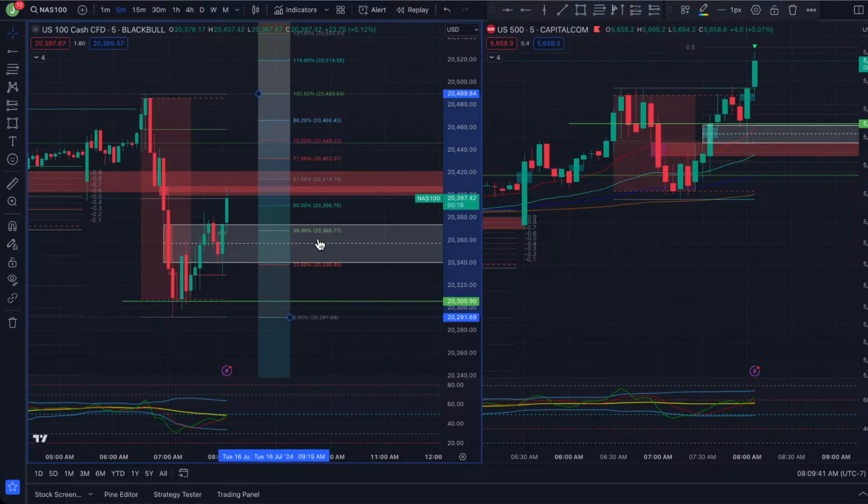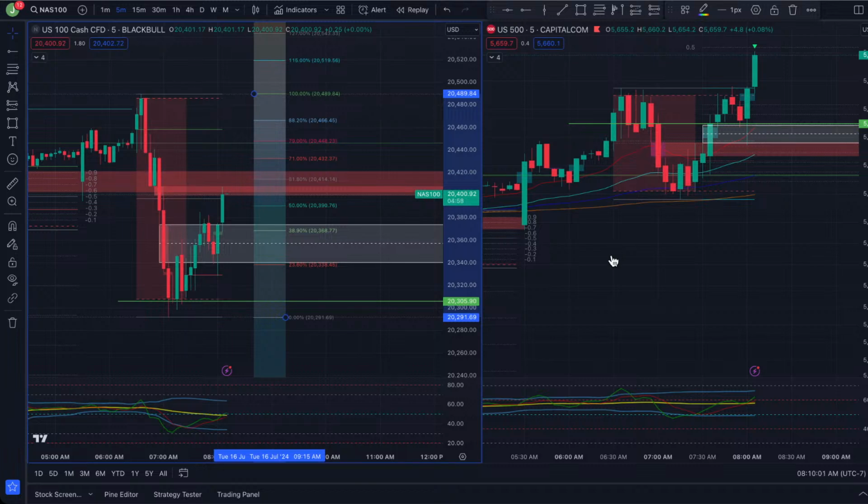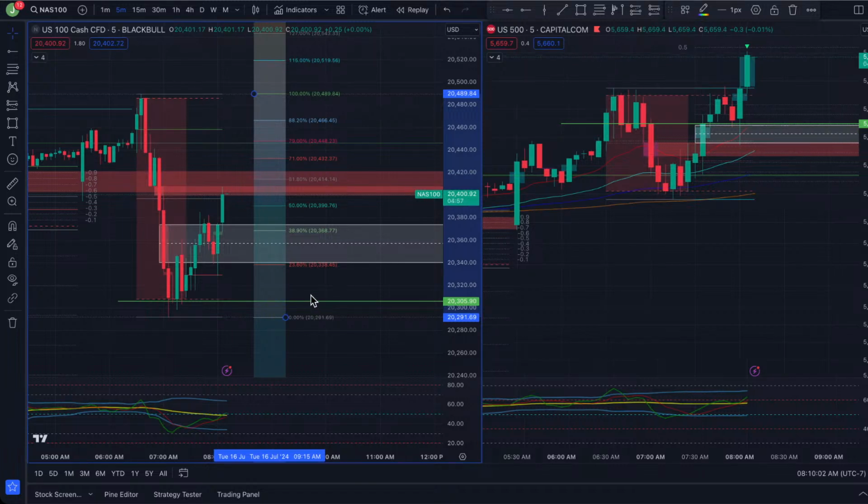We are now officially above that 50% PD array. We're in sell territory. So it could go either way. We have all these equal relative lows here that it might want to sweep.